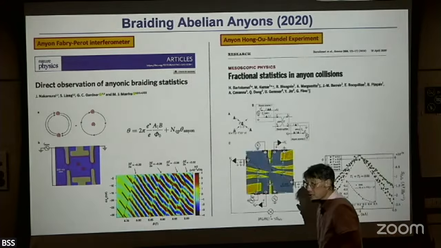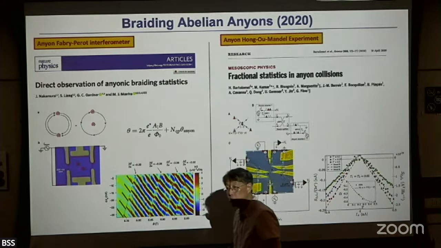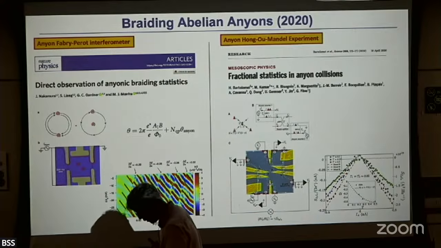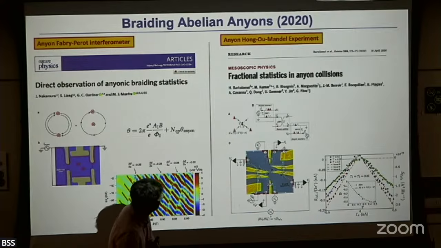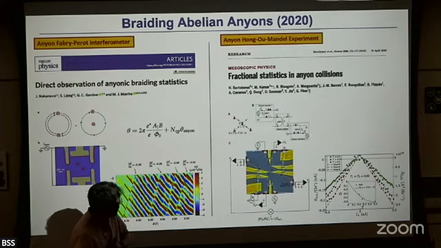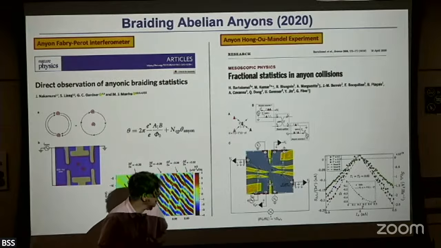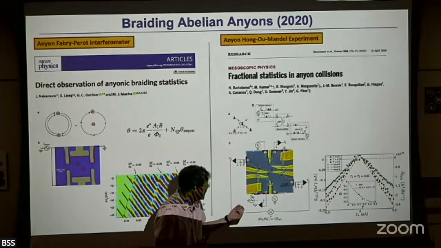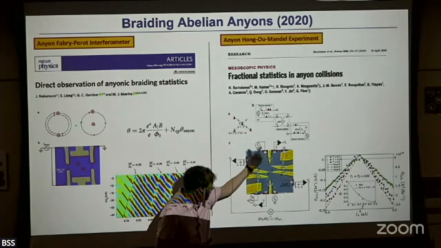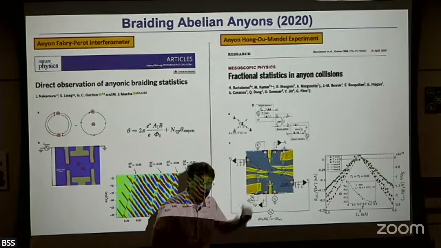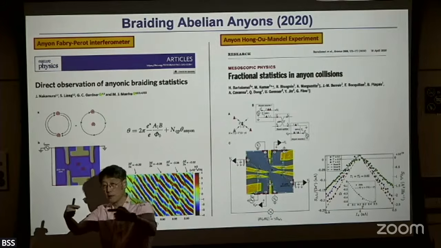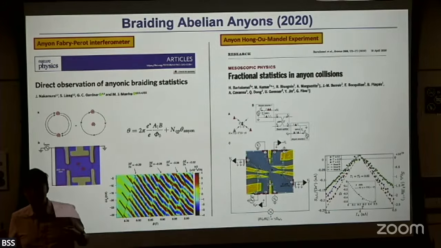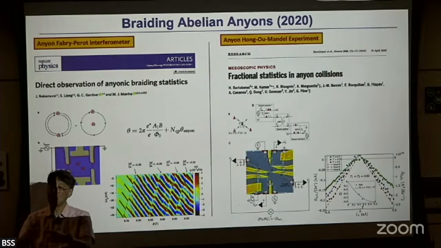Another experiment was a completely different type of approach. It was done by Fève's group in Paris. This experiment is a more dynamic type of measurement. They have a somewhat complicated structure, but the essential part is one important quantum point contact that takes different edge states and redistributes them.